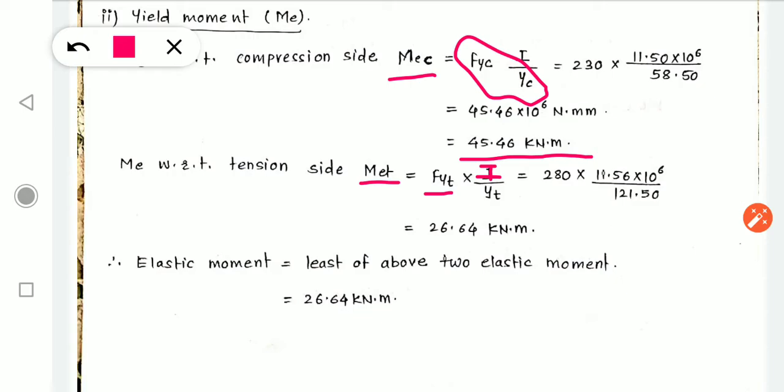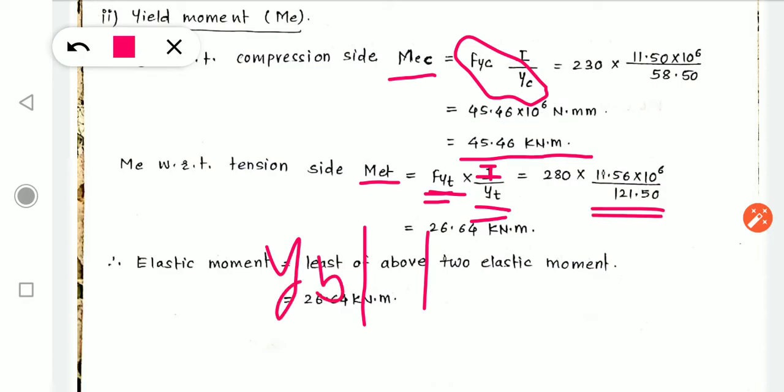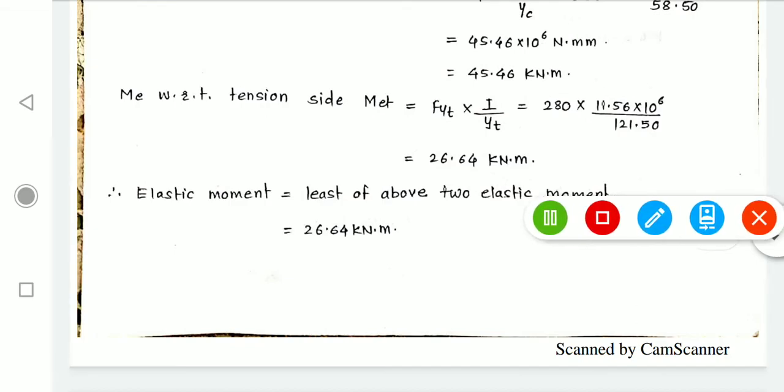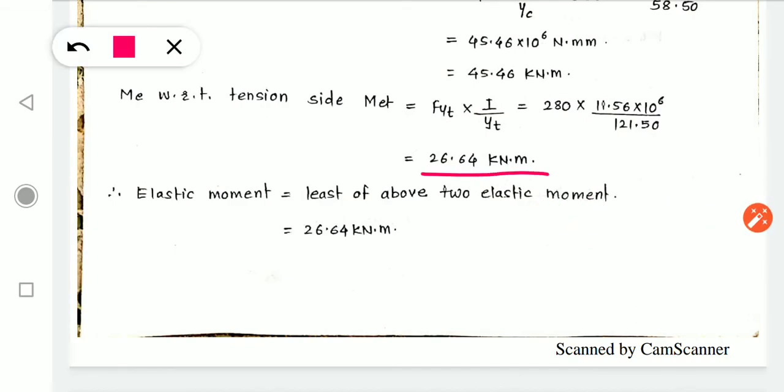So f y t I am using, and Y I am taking from the tension side, and the tension side is the bottom side, therefore YB will be taken over here. If we simplify it, you will get the answer as 26.64 kilonewton meter. We are calculating moment in the elastic region, therefore 26.64.